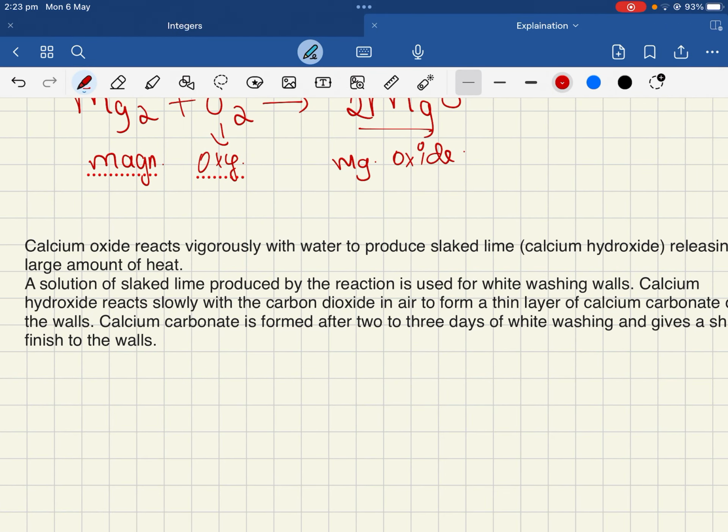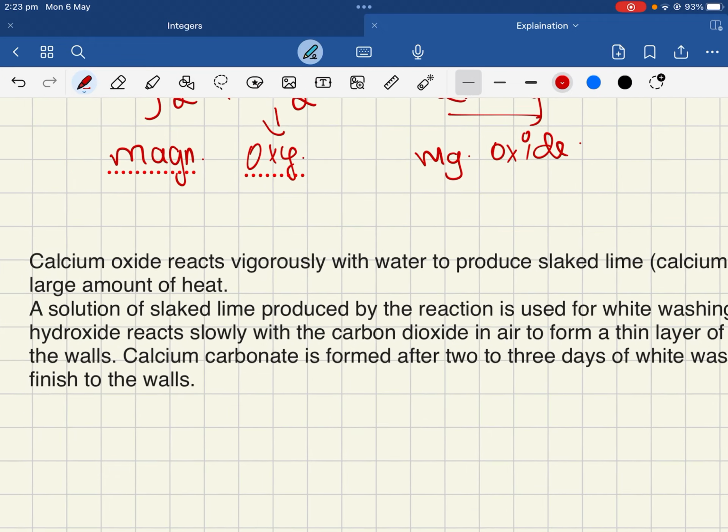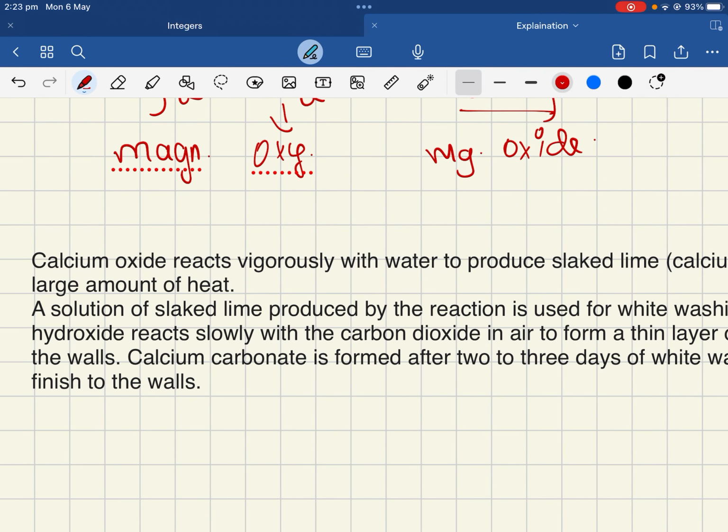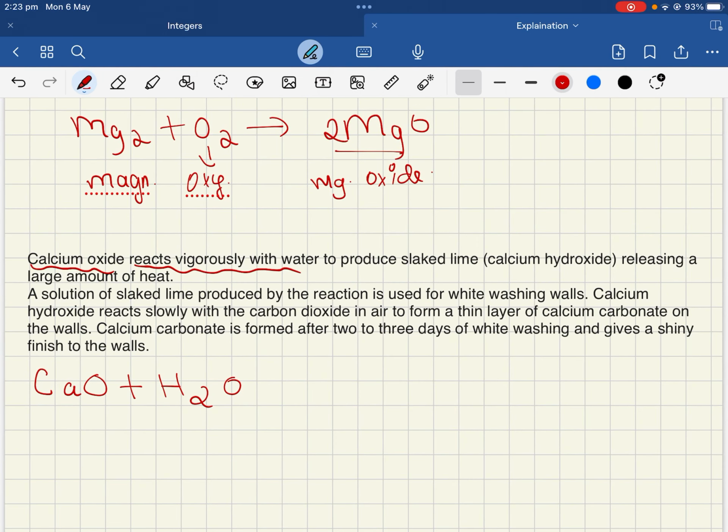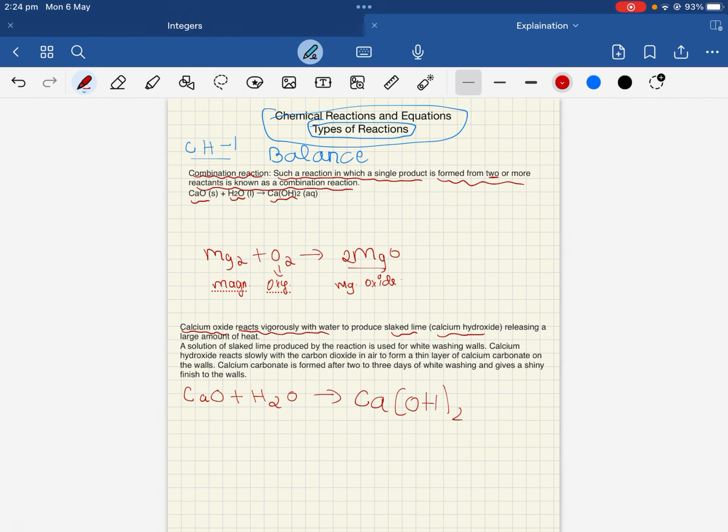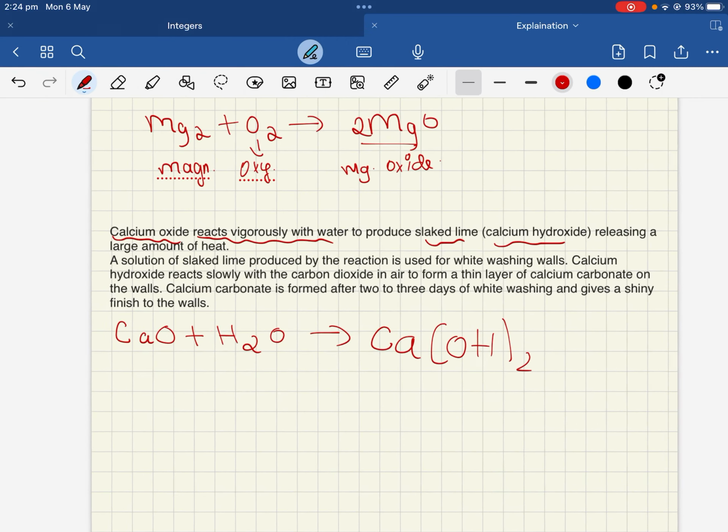Next we have a paragraph that is talking about slaked lime. Calcium oxide, CaO, reacts vigorously with water, H2O, to produce slaked lime, that is calcium hydroxide. This is the same reaction that we had studied here.